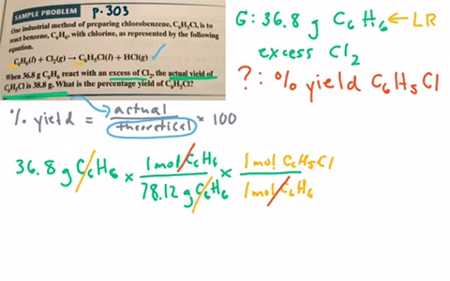Now we have to continue on and convert moles of chlorobenzene into grams. The reason is that our actual yield, 38.8 grams, is in grams. When you're using the percent yield formula, the actual and theoretical yield have to be in the same unit. Since we were given the actual yield in grams, we also need to make the theoretical yield in grams.